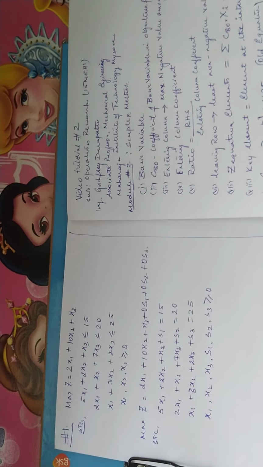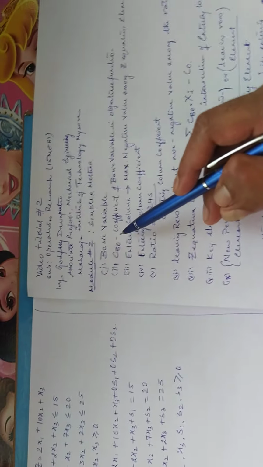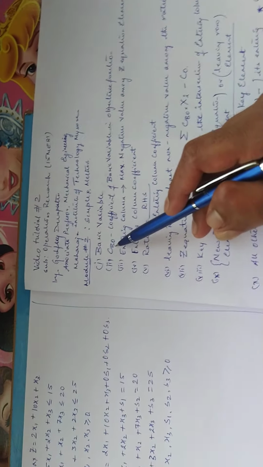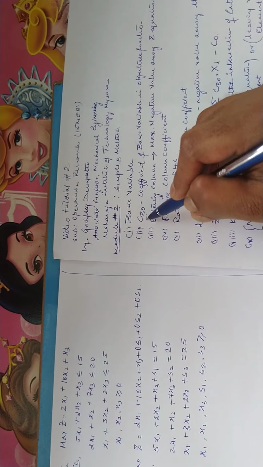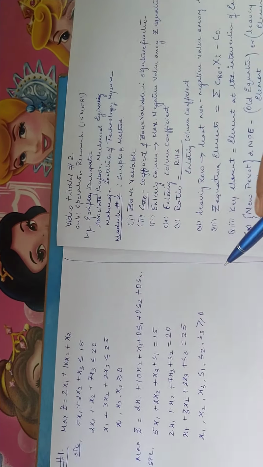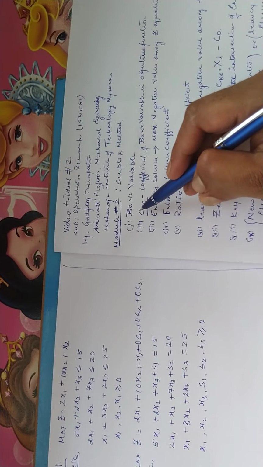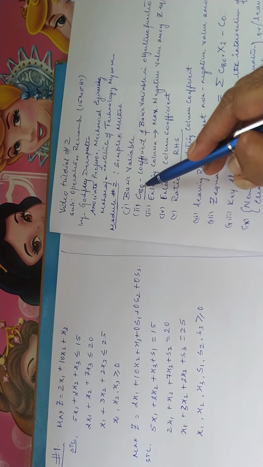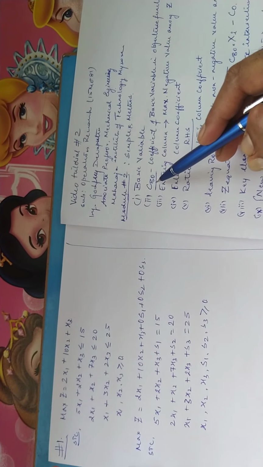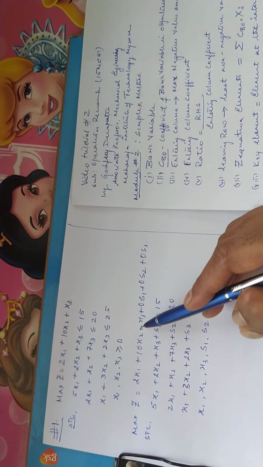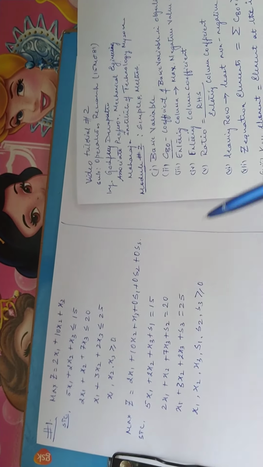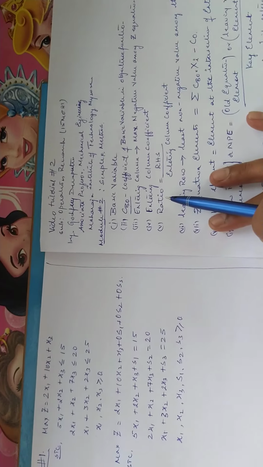Now the second important definition is the coefficient of these variables in the objective function. We represent this as CBO, C suffix BO, which is the coefficient of the basic variable in the objective function. Here the coefficient of basic variable x1 is 2, x2 is 10, x3 is 1, and s1, s2, s3 are 0 in the objective function.